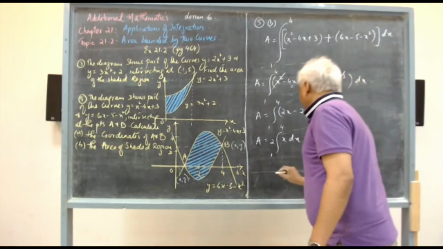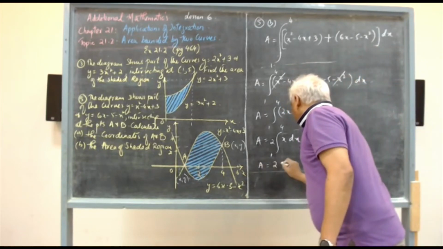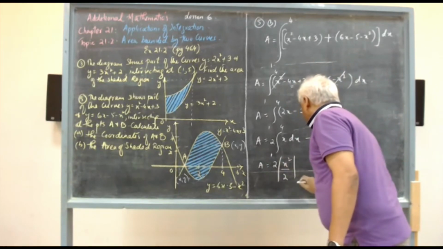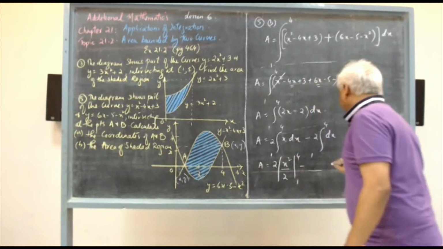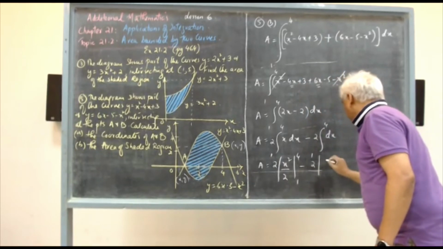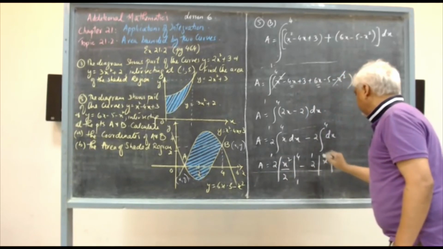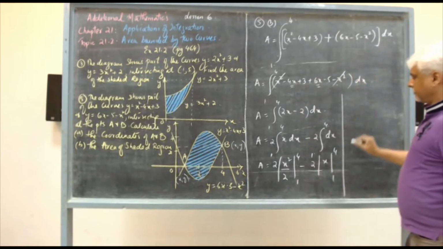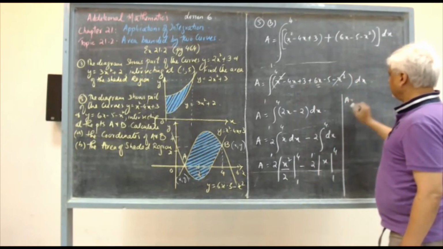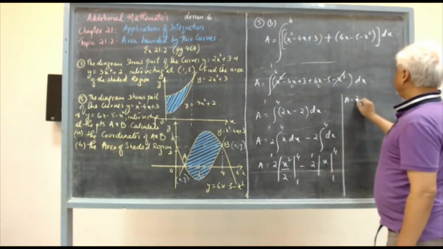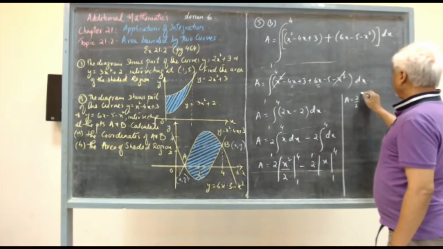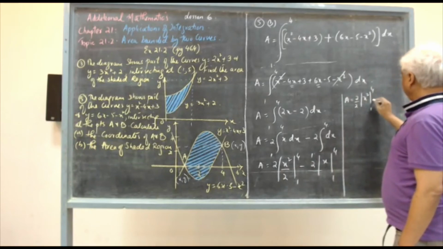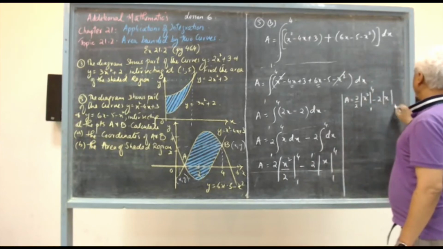So this would give us A equal to 2 times x squared over 2 from 1 to 4, minus 2x from 1 to 4. So A is equal to, you can take this 2 outside, 2 over 2 x squared from 1 to 4, minus 2x from 1 to 4.